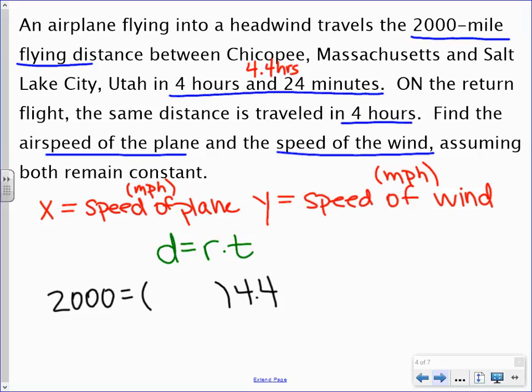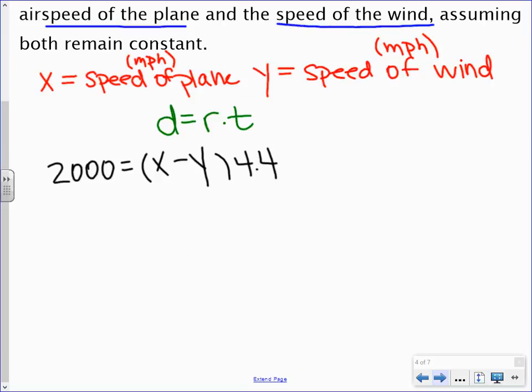It is not going X because it's traveling into the wind. X minus Y. The plane is traveling X, but the wind is slowing them down by however fast the wind is blowing. So X minus Y is actually the rate. They're going slower. That wind is slowing them down.